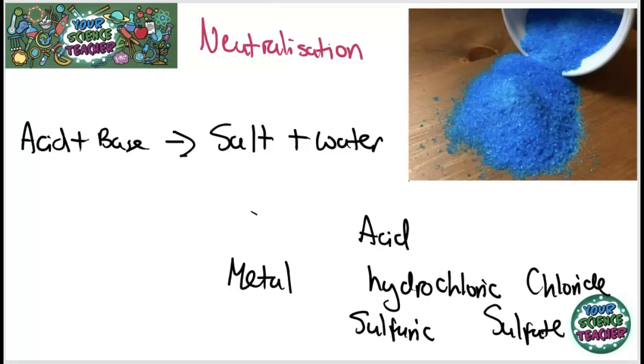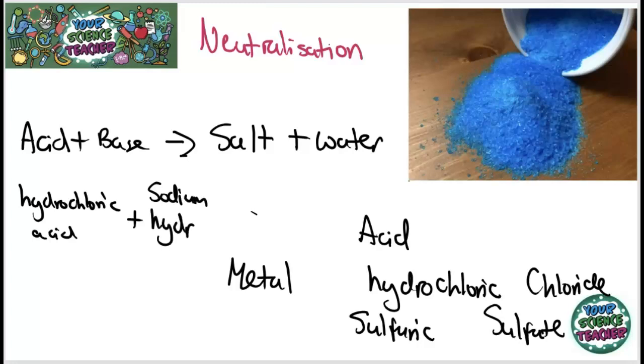Let's do an example. So here I have hydrochloric acid, and I'm going to react my hydrochloric acid with some sodium hydroxide, a common example of a neutralization reaction. In fact, all of these neutralization reactions are exothermic as well, meaning they will give out a little bit of heat.